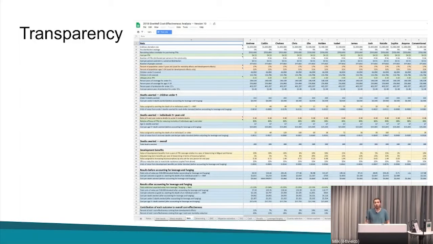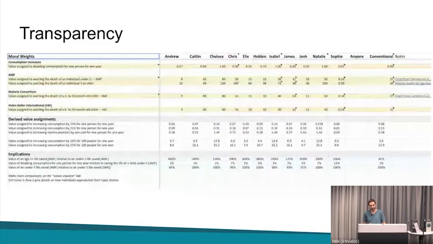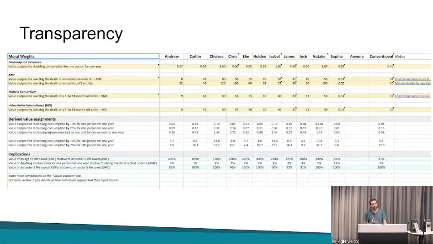They not only publish their recommendations and who they believe are the most cost-effective charities, they also publish all of their calculations, each and every decision that they've made along the way, including all of their value judgments. To make this even easier to use, they aggregate all of their value judgments, or as they call them, moral weights, into a single simple sheet.